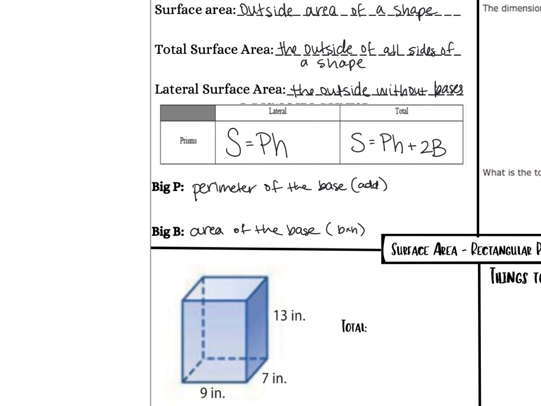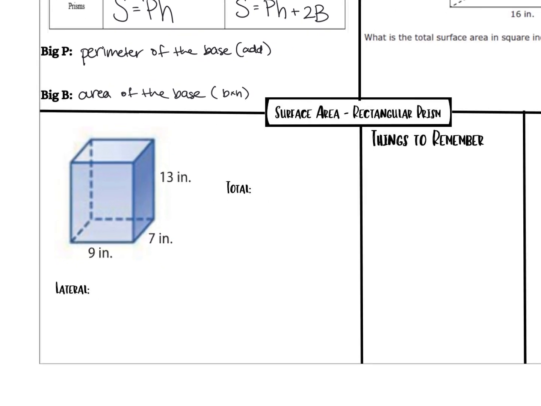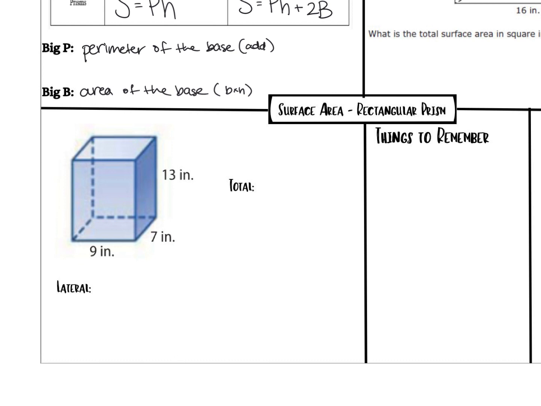So we'll go into our first example, and here's something that I want you to do always. Whenever you see a prism, I want you to shade the base. So 1, shade the base. 2, redraw the base.